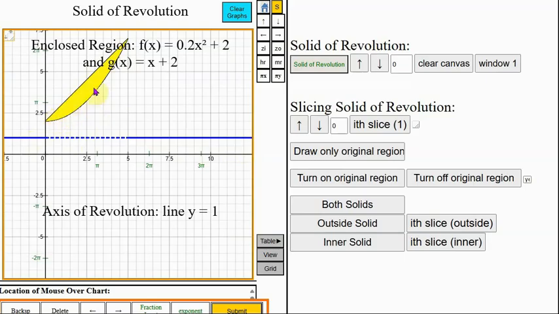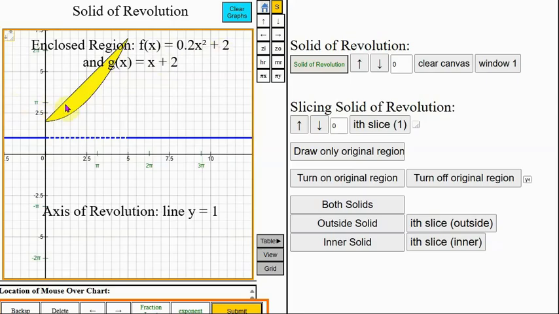And so this region right here is bounded above by the function g of x equal to x plus 2, and then it's bounded below by the function f of x equal to 0.2x squared plus 2.